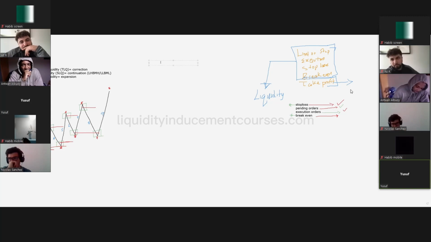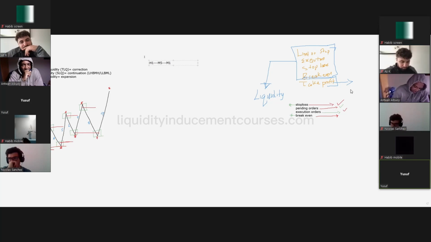H1, then you move to M5, then you move to M1, 3 time frames.